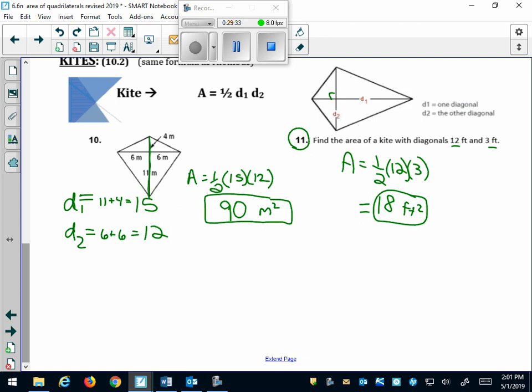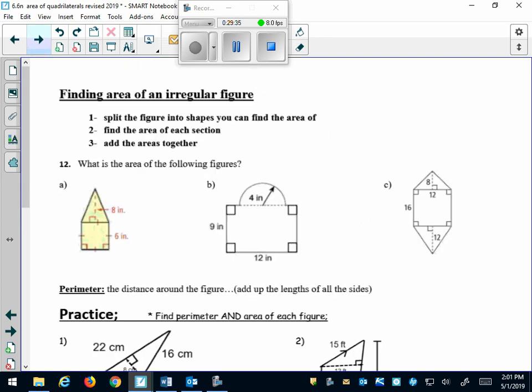All right, so let's look at the back page. What if we have a figure that doesn't have a formula? In other words, not everything in life is perfect polygons, right?